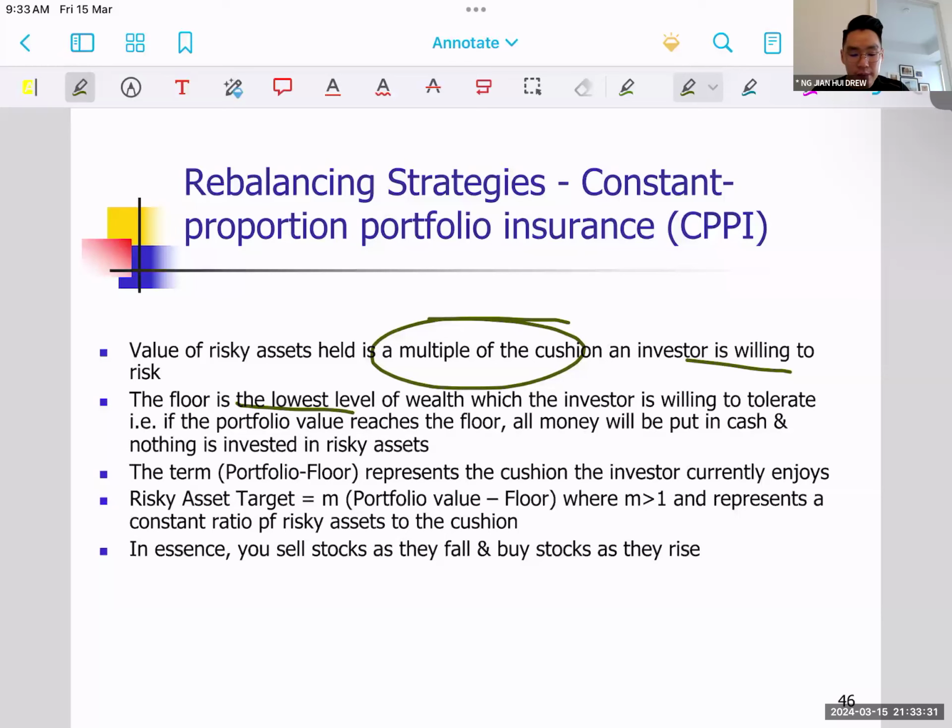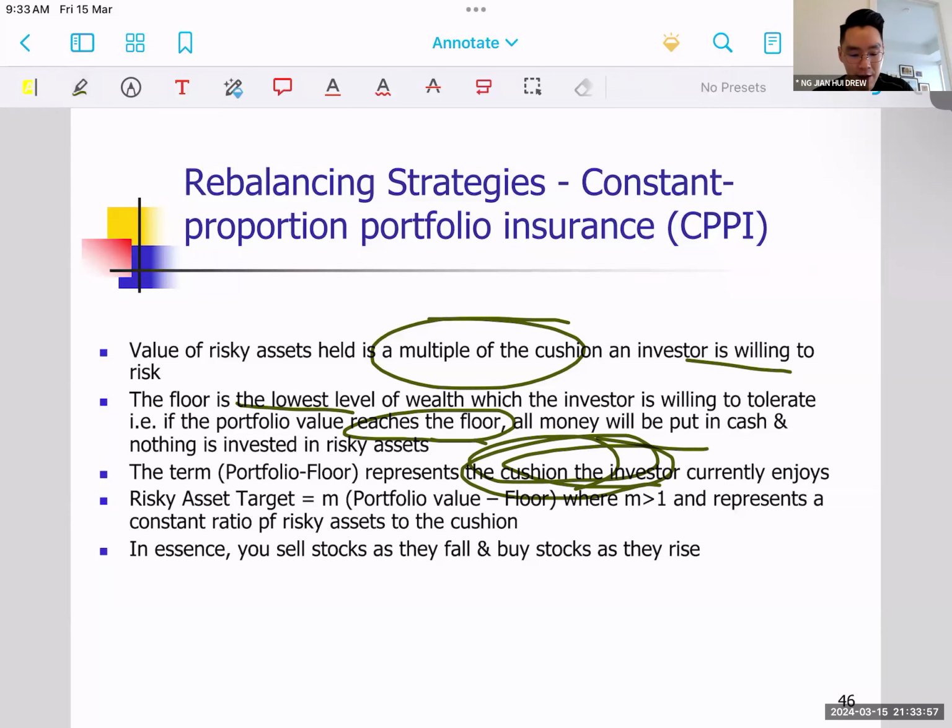And if the portfolio reaches the floor, it means all the money is in cash and cash equivalents, or risk-free. So this cushion is the important part of this strategy, where the cushion allows your portfolio to move more than the stock.